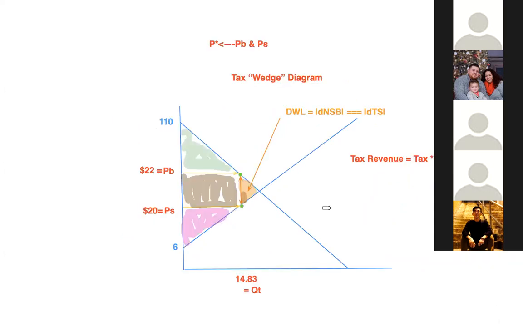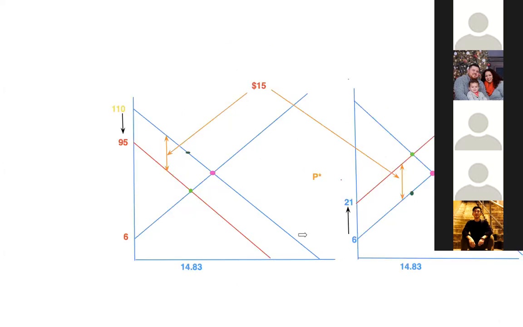So that's reflected here and here in the tax switch diagram. And as I said before, my favorite diagram is this one. I like shifting the supply curve rather than the demand curve. So the one circled in yellow there is my favorite one.